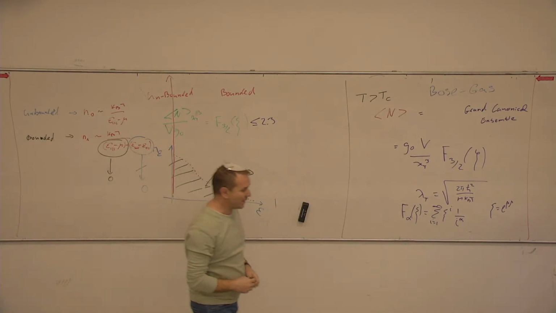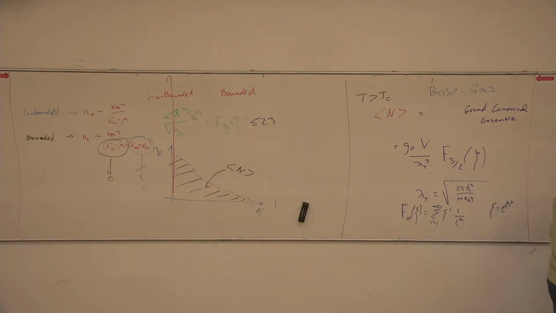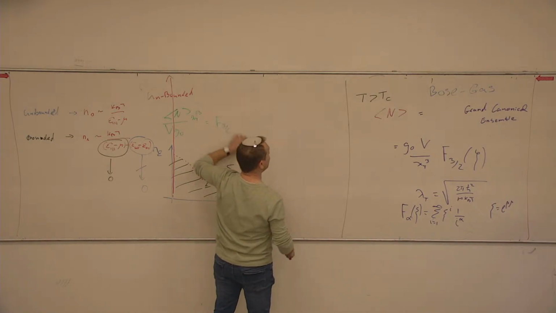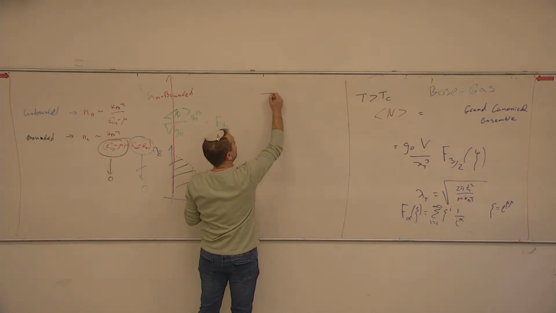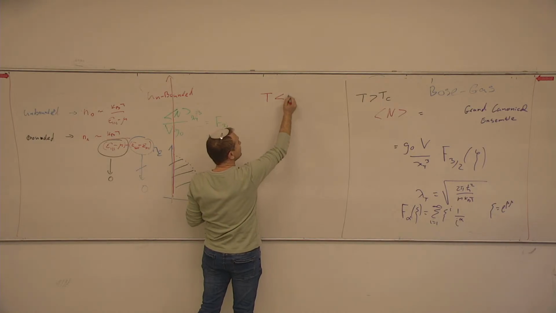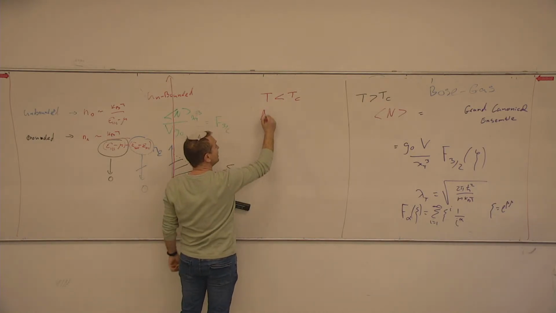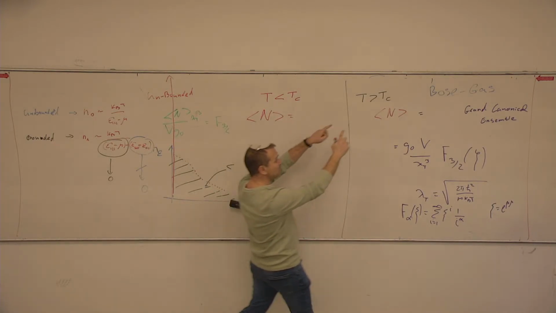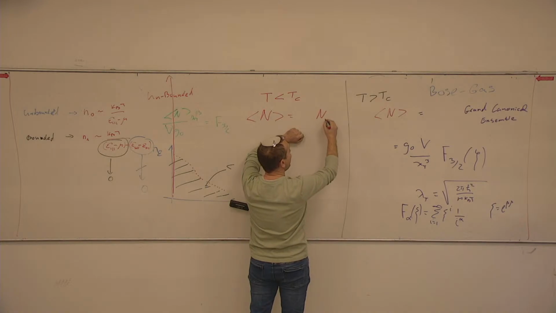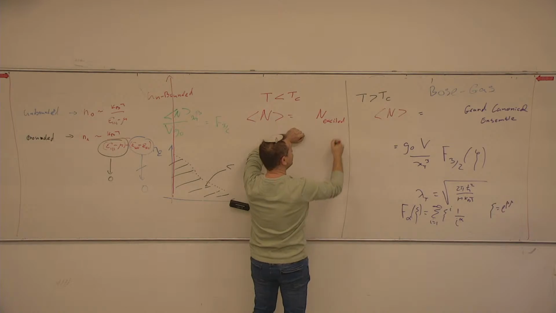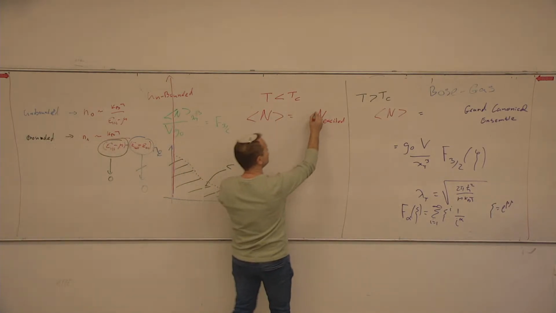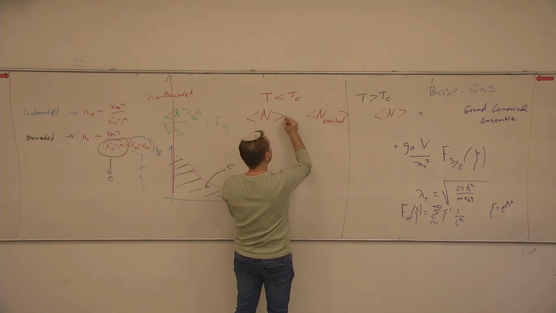But there is also a temperature T smaller than Tc, when the average number of particles is whatever we computed over here. Let's call it N excited. You compute all the contributions for all the excited states, plus N0.